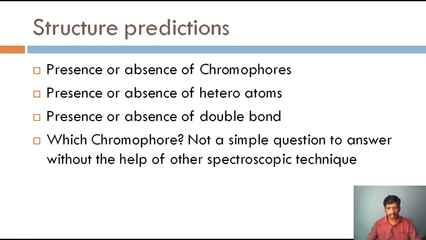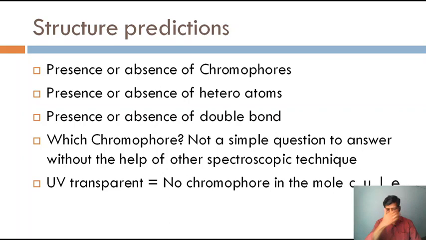Another important point: you have already studied the Woodward-Fieser rules, in which even a carbonyl compound starts from 215 and can end up at 400. It can have values anywhere in this whole range. Similarly, benzene starting from 280, depending upon the substituents, conjugation and many other things, has a wide range, and therefore we cannot concretely say this wavelength corresponds to this functional group before elucidating the structure.